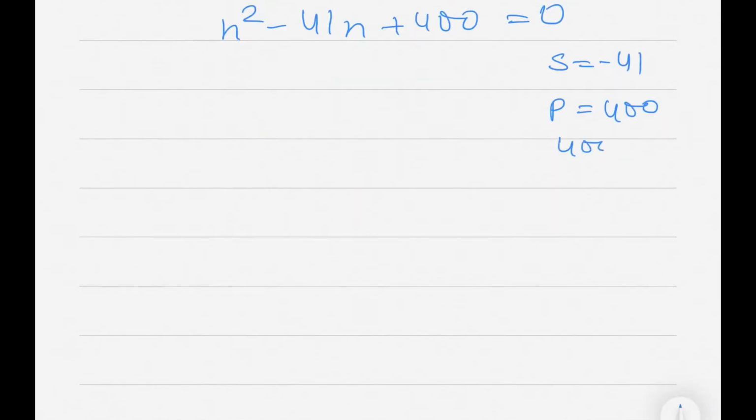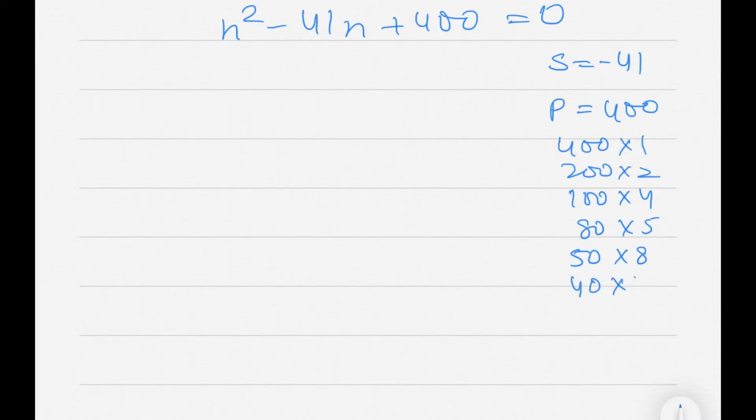Let me find the factors of 400: 400 into 1, 200 into 2, 100 into 4, 50 into 8, 40 into 10, and 25 into 16.